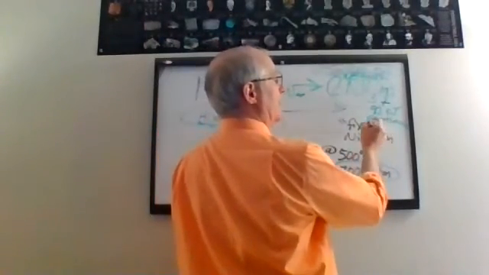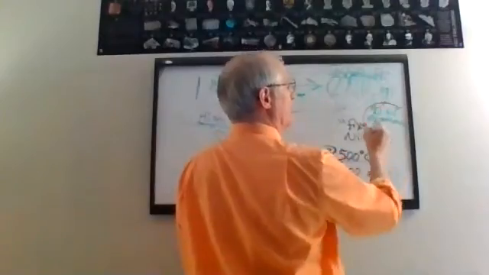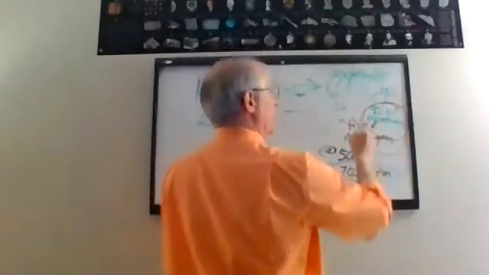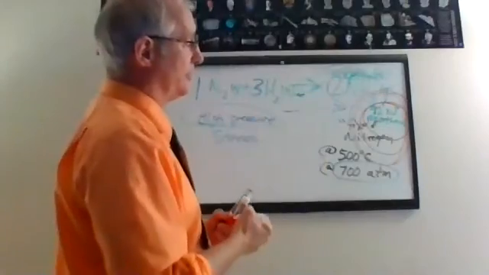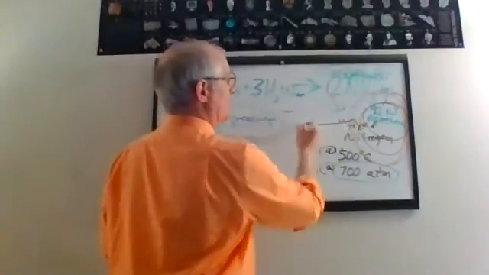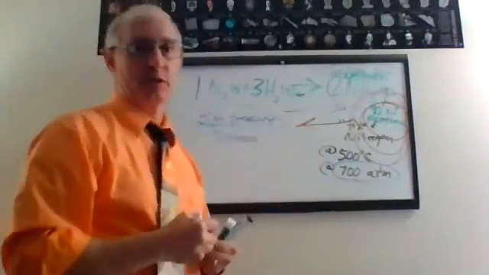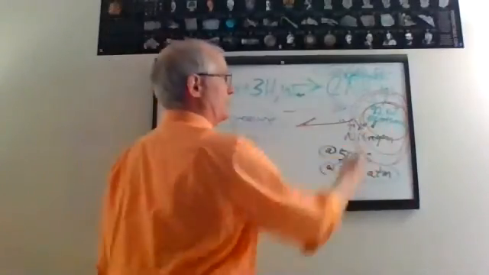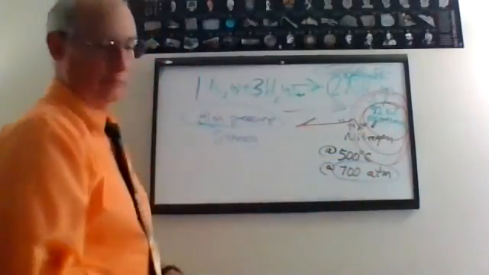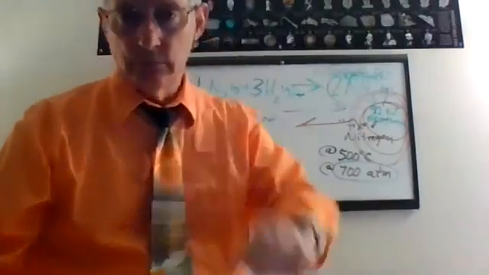The reason they had to back off is because that made this really big. If you add heat, because you're at greater temperature, that's going to cause it to drive back to the left, which is counterproductive. So the temperature had to be just right, because this is an exothermic process.